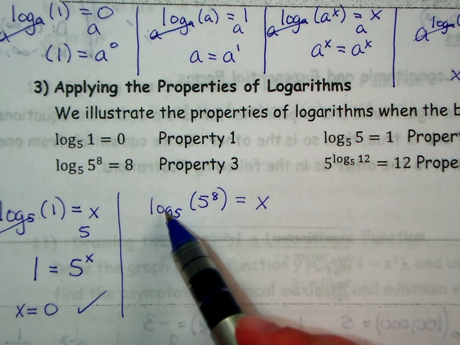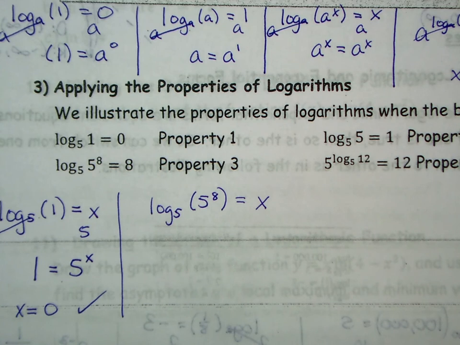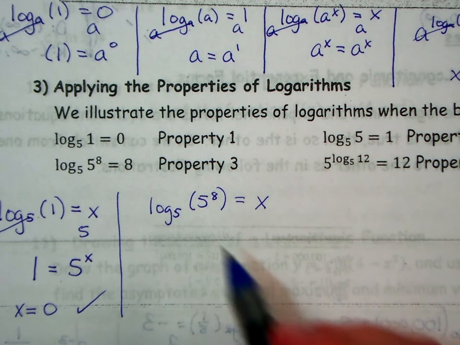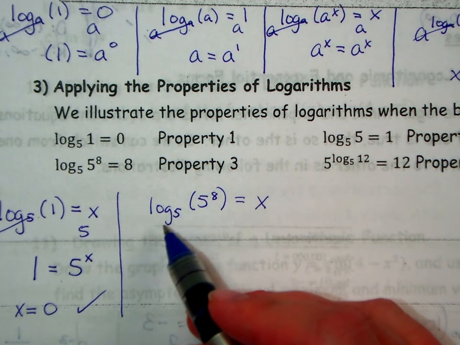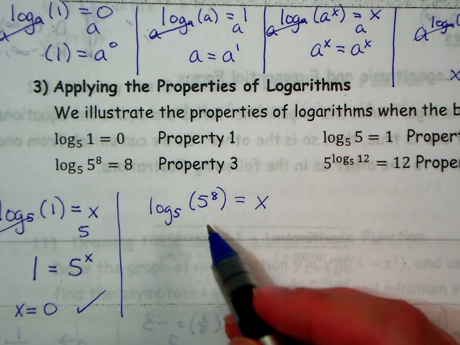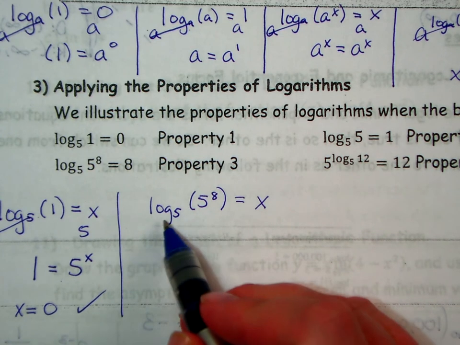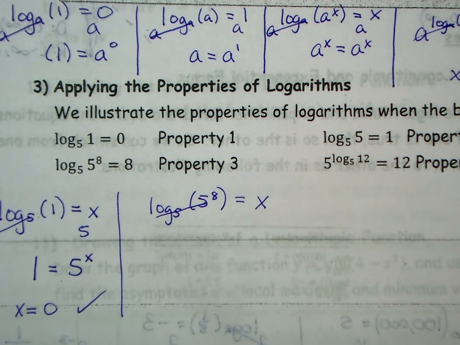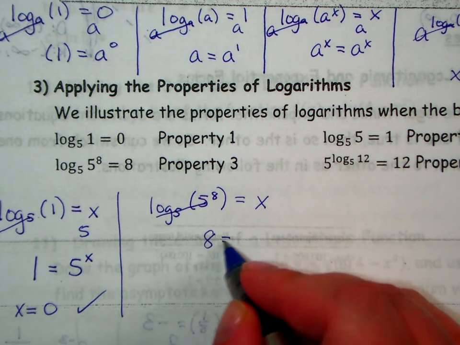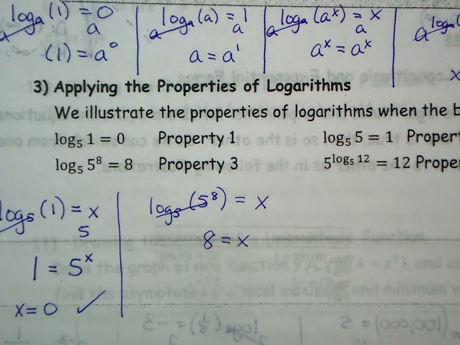We can allow these to cancel, just like the second way of evaluating the one above. We don't have to change this to its exponential form if we don't want to. The faster way is to let this logarithm cancel this exponential. So I get 8 equals x, and so the answer should be 8.